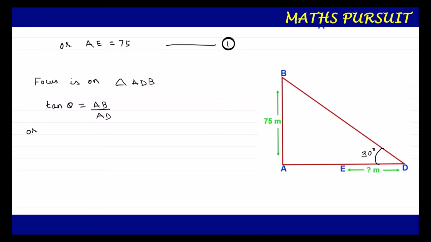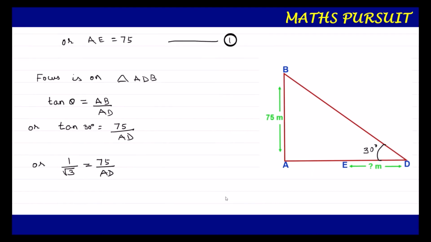Or I can write tan 30 degree is equal to AB, that is 75 meter, upon AD. We very well know that tan 30 degree is 1 upon root 3, and this value comes from the trigonometric table.